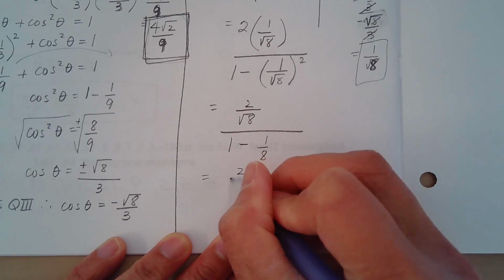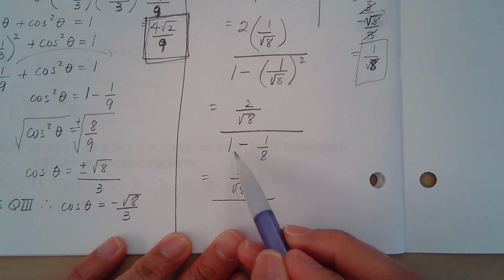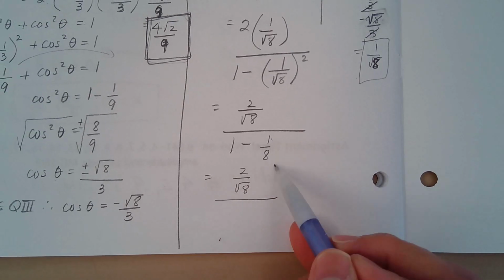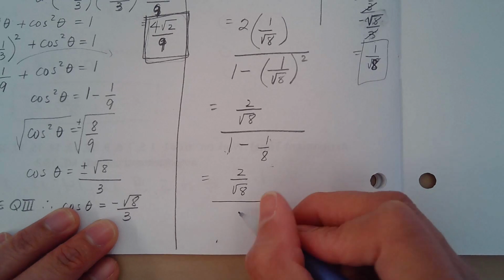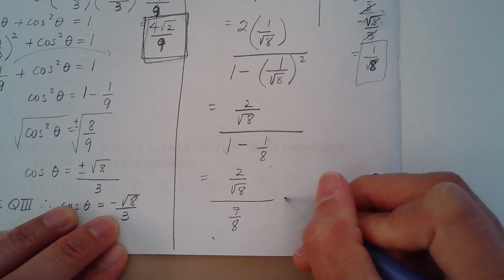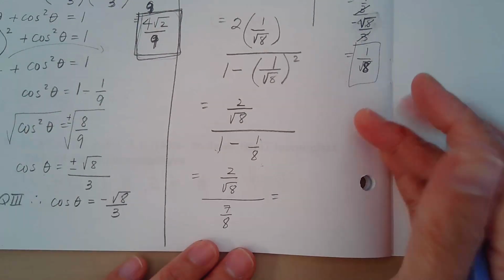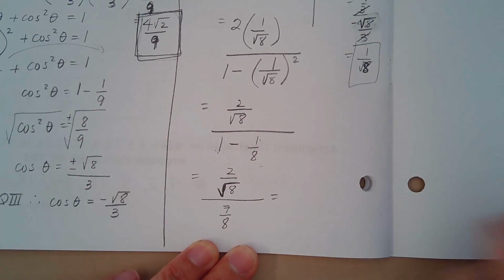Okay, I'm going to keep 2 root of 8. I'll deal with that later. And I have 1 minus 1/8. That's going to be 8/8 minus 1/8, so that's 7/8.